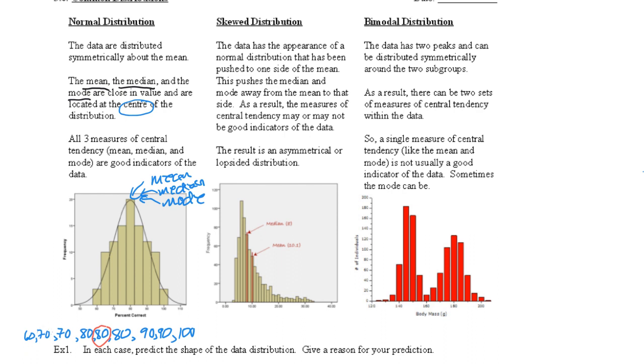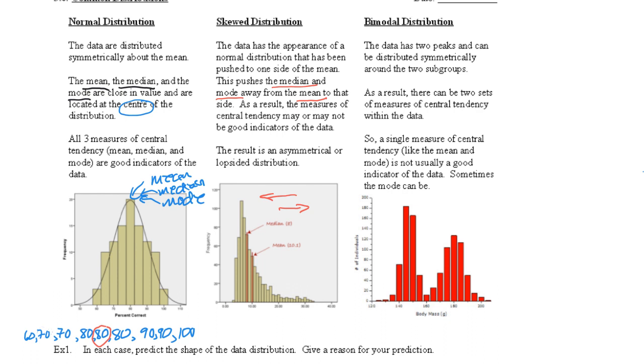Now, when we take a look at this thing called the skewed distribution, this is data that looks like a normal distribution here, but the only issue is that the median, mode, and the mean all push either right or left of the center. So that's what we call a basic skewed distribution, right?